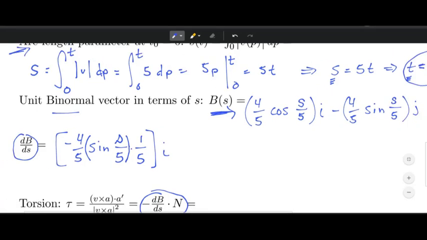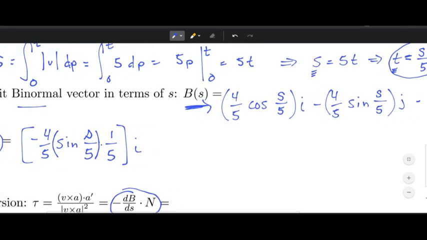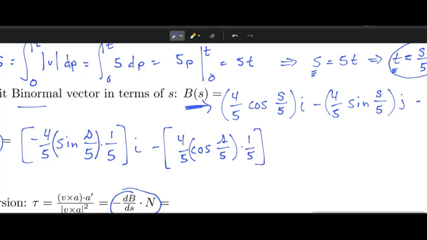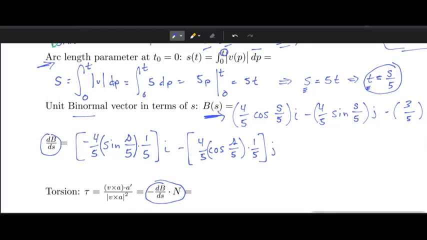And so we'll do the same thing for J and K. So this is going to be minus 4/5. The derivative of sine is cosine, so cosine of s over 5. But then the chain rule says I need to multiply by the derivative of s over 5, which is 1/5. And that is my J component. And then last, the derivative of 3/5 K is just 0 because there's no s over there at all.